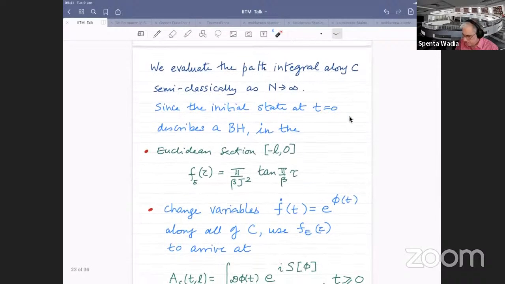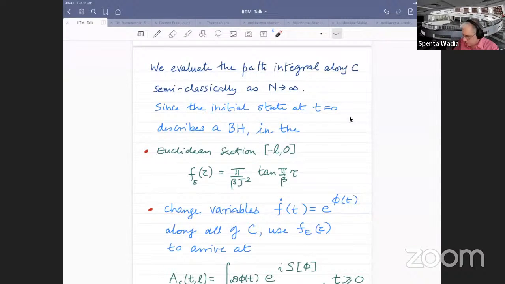And since the initial state at t equal to 0 describes a black hole because it's a finite temperature system in the boundary theory as well as in the bulk, it's very simple over here how to go from 0 to finite temperature by just a conformal transformation.